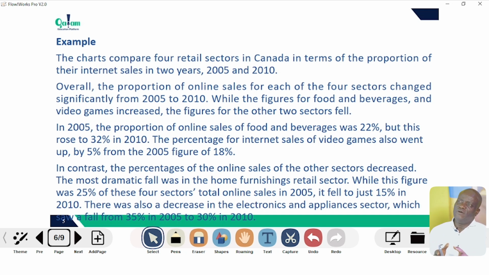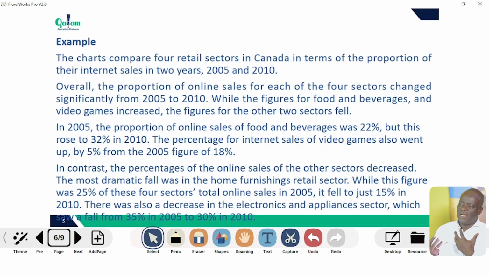The percentage for internet sales of video games also went up by 5% from the 2005 figure of 18%. In contrast, the percentages of the online sales of the other sectors decreased.